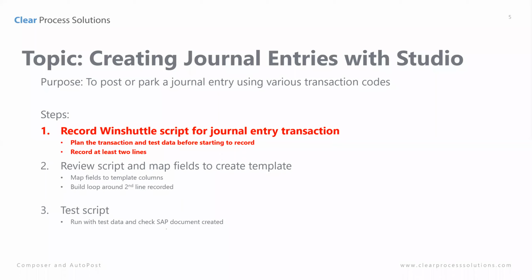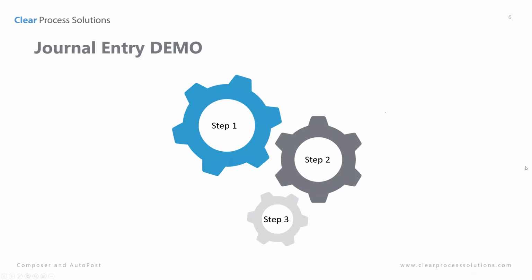Then you can start recording from Winshuttle Studio. That's step one. I've pre-recorded some of these steps just to make sure that everything's going to work fine, so we're going to play one of those videos.